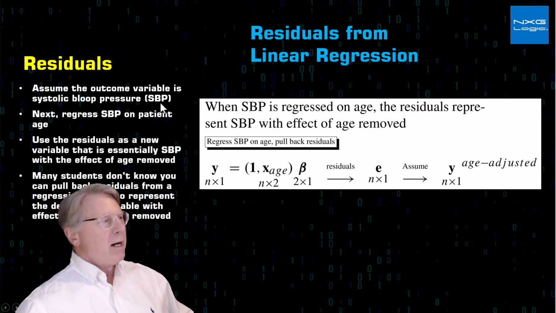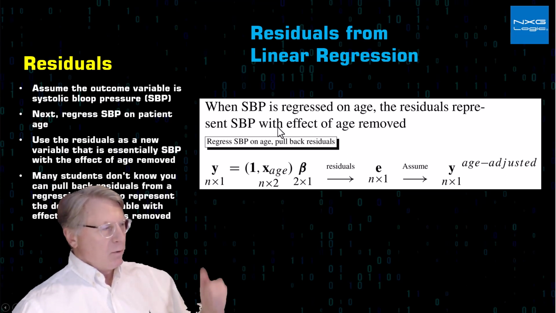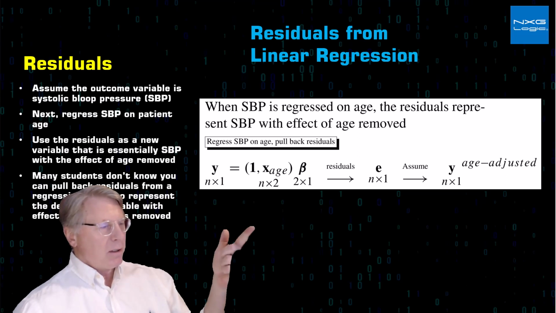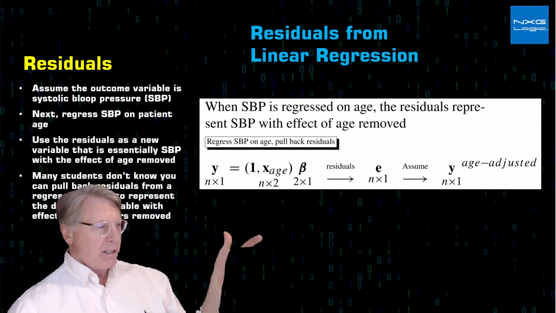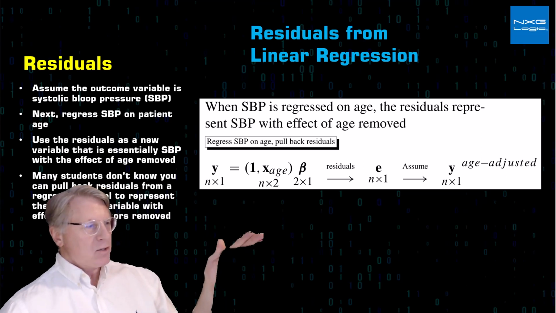If you regress systolic blood pressure on age, you can then estimate the residuals, predict the y-hats, the predicted systolic blood pressure from the regression on age. Because there's a high correlation between age and systolic blood pressure, once you get the predicted y-hats, subtract that from the observed y's for each observation, and those are the residuals.